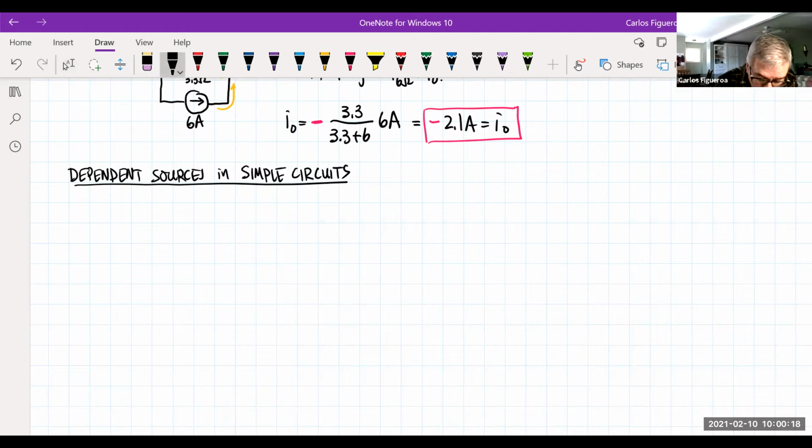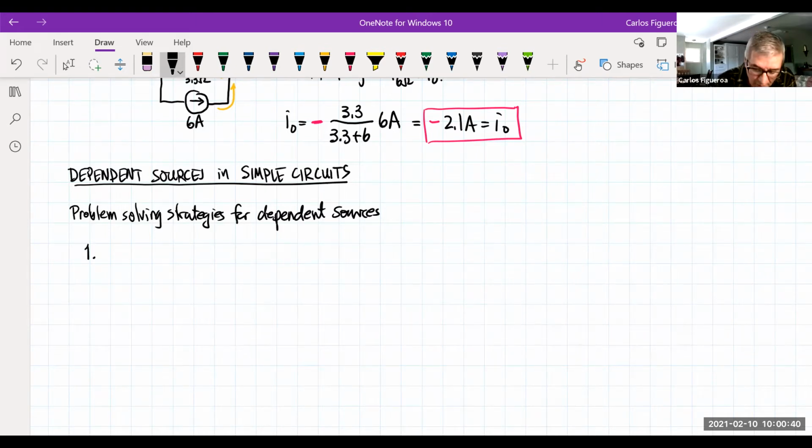So here's our problem: solving strategies for dependent sources. The first thing that you want to do when you look at the circuit is to apply simple circuit techniques, just like you would have been doing up to this point.